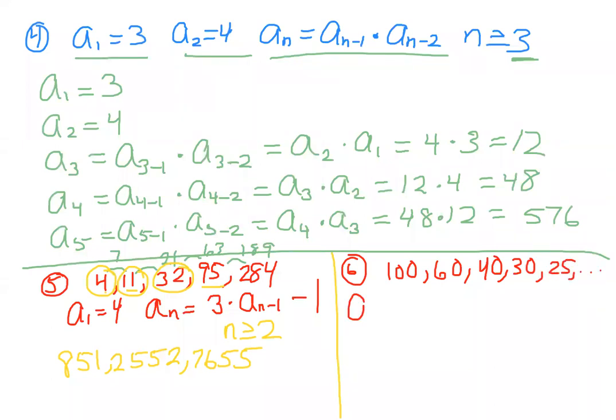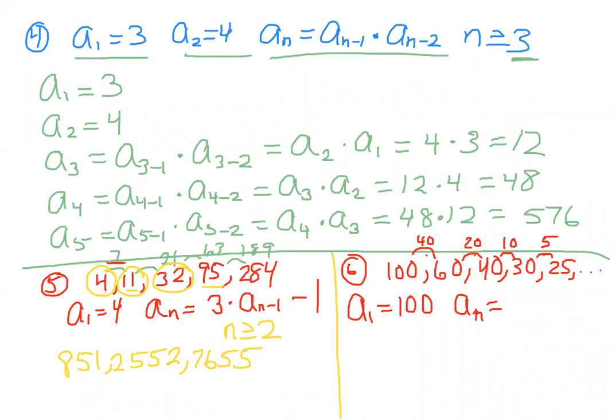So for this one, we're going to say A1 equals 100 and AN equals... let's see, the difference between this is 40, and the difference between these is 20, and the difference between these is 10, and the difference between these is 5. Well, that at least looks like some kind of a pattern. So what's happening to this? It's going in half. I guess that's the pattern over here too.